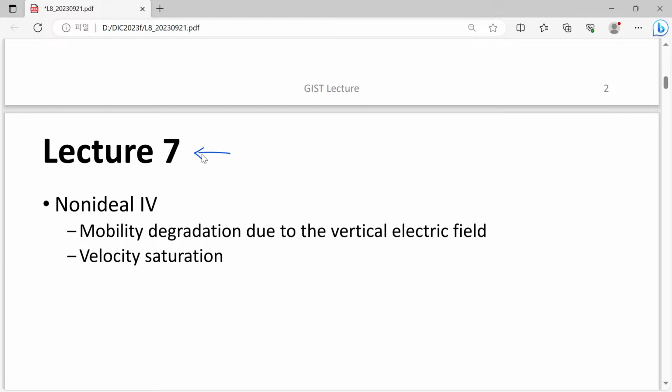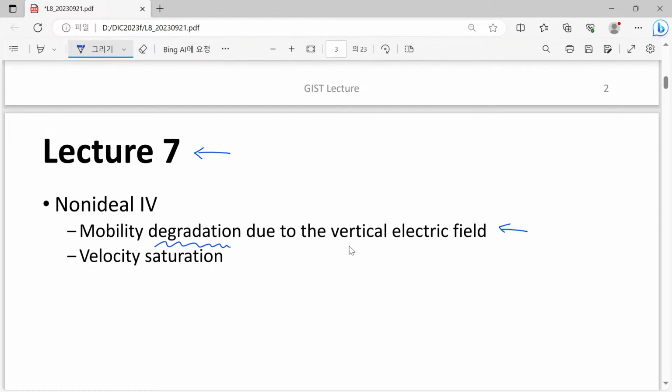In the previous lecture, we thought about the non-ideal IV characteristics, and first of all, I introduced the mobility degradation due to vertical electric field. What was it? When we have a MOS, usually when we say vertical, the direction following the MOS stack is called the vertical direction.